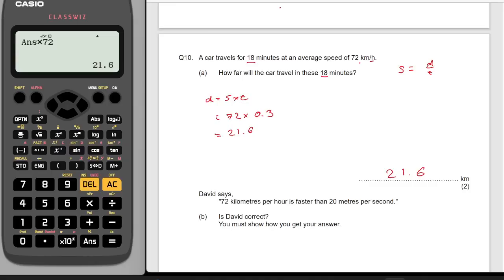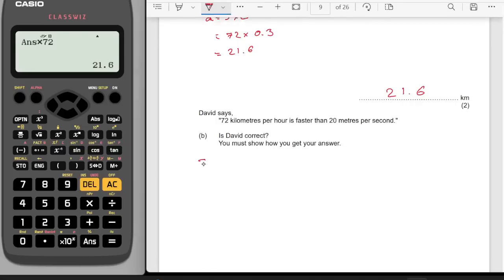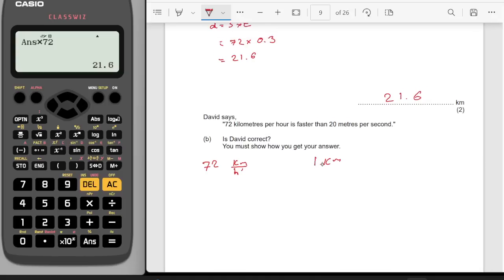So David says 72 kilometers per hour is faster than 20 meters per second. Is David correct? Show how you got your answer. So if I look at 72 kilometers per hour, and I'm just going to look at the kilometers per hour, so 1 kilometer per hour.